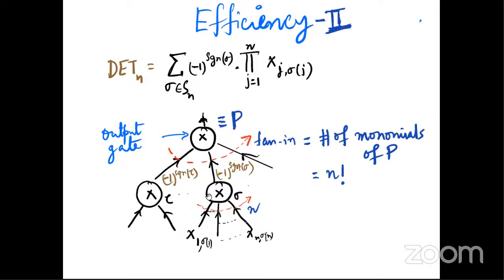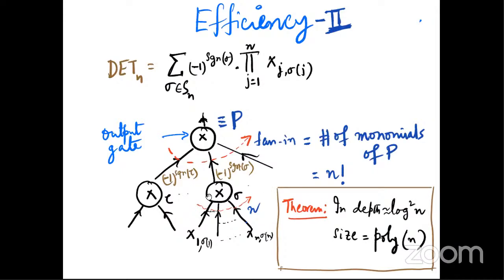And you may again ask the question, is this the best that you can hope for? And again, the surprising answer is, well, with a lot more depth than constant depth, if you allow yourself depth log square n, now this is depth which is increasing as n increases. So for every n, I've got a circuit of that much depth log square, still much smaller than what you would have thought, but in depth log square n and size polynomial in n, you can compute the determinant.